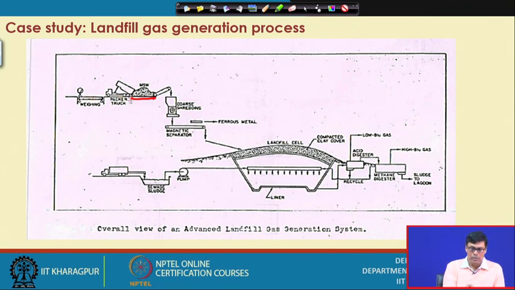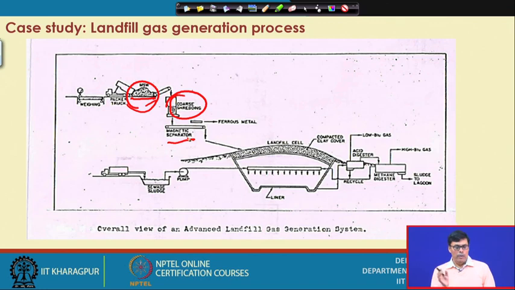The difference will give you how much waste material they have downloaded, and then you go to the shredding machine. Shredding machine means it's degraded into small pieces, and then this is the magnetic separator, where we can separate the iron type of material. We get the ferrous material out, and then we put it in the landfill.